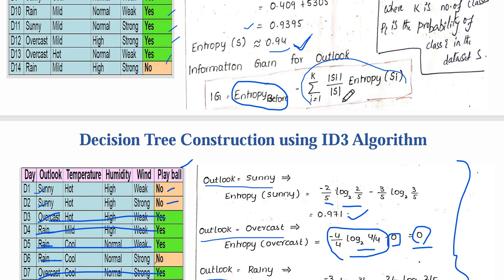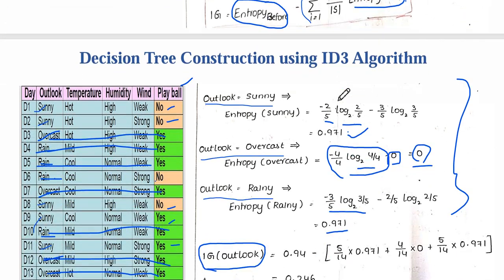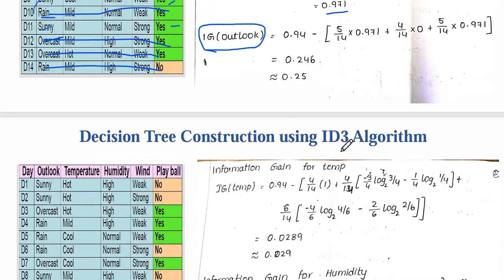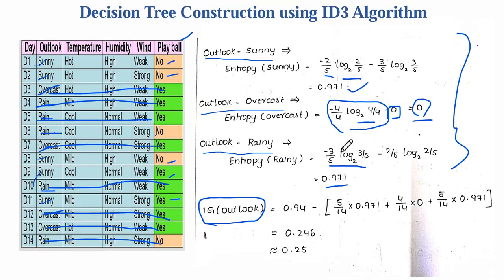Then we have to take the entropy of each feature value, multiplied by the number of records for that feature value divided by the total number of records in the data set, and subtract these. Likewise you have to calculate the gain.